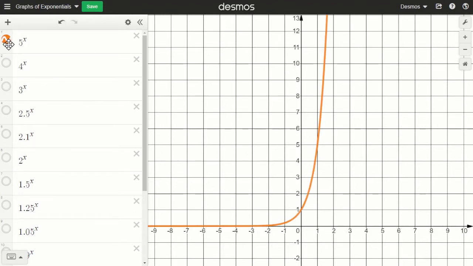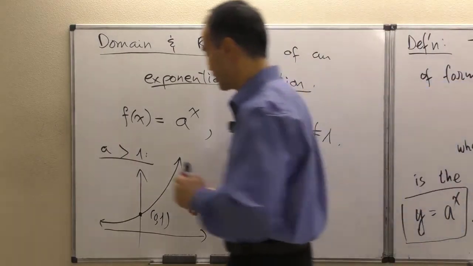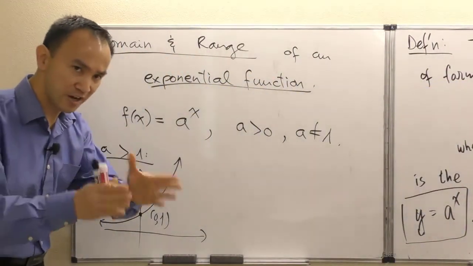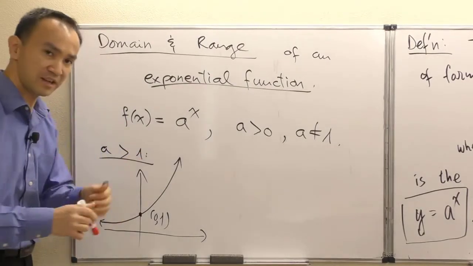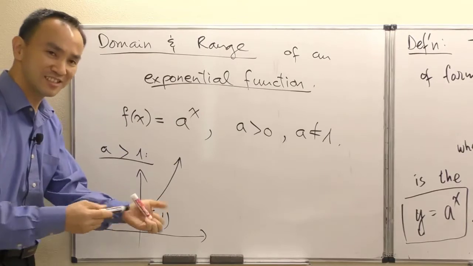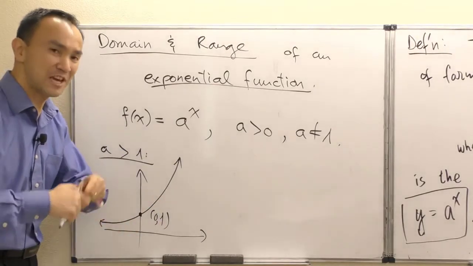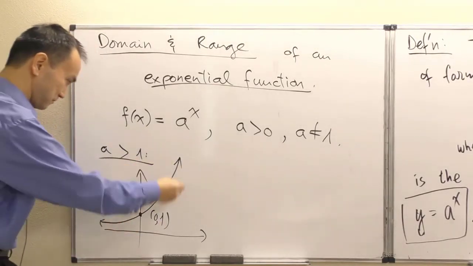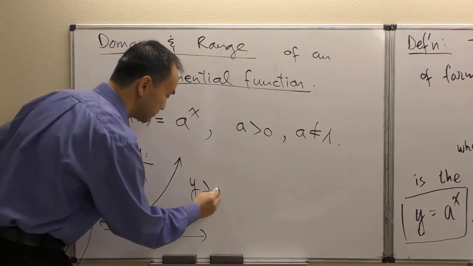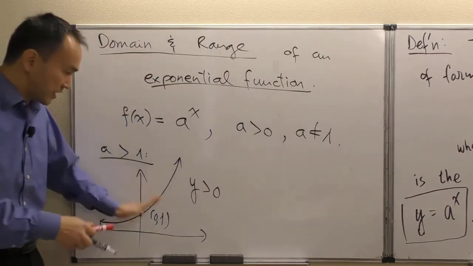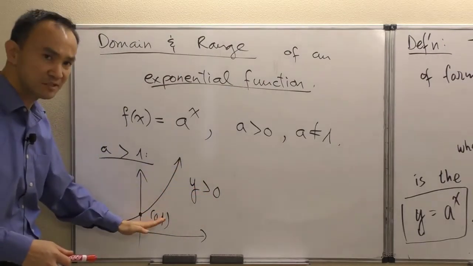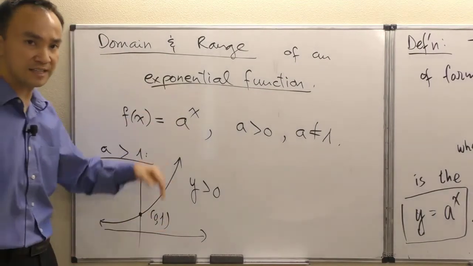All right, and that's one important piece of information I want to point out as an observation. I mentioned this, but now it's time to really dive into it and emphasize it. From these observations, the y value is always positive, simply because the curve stays completely above the x-axis.